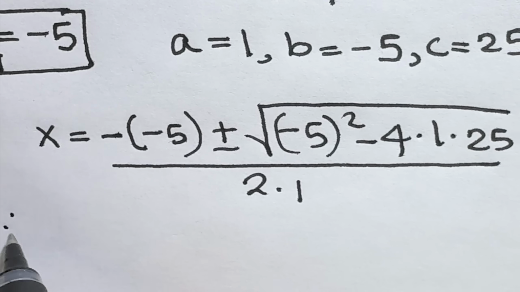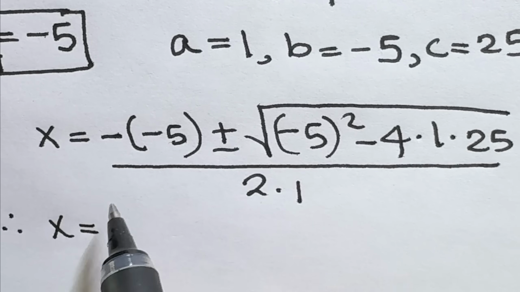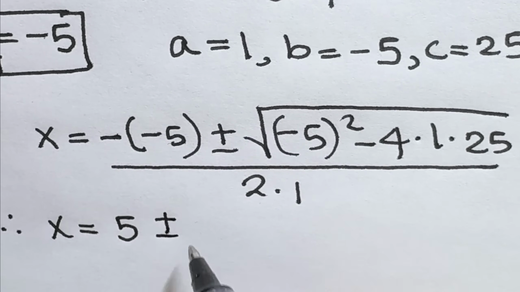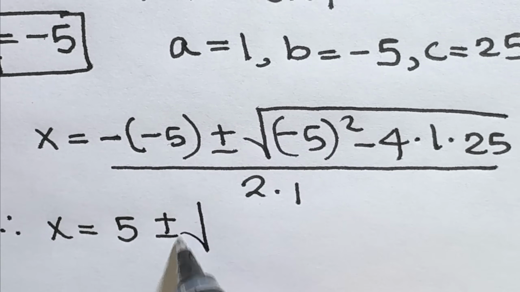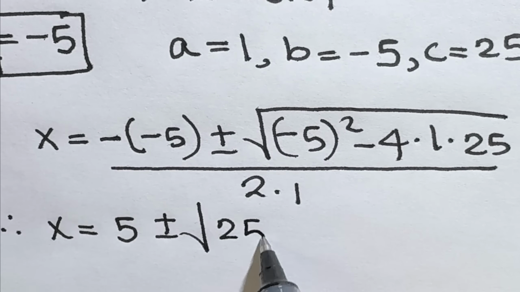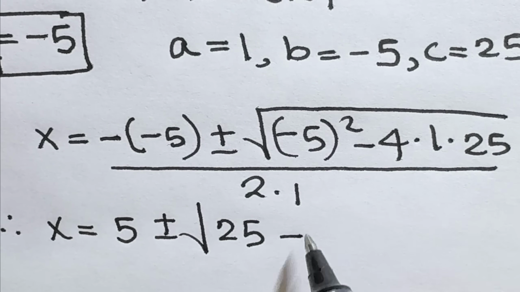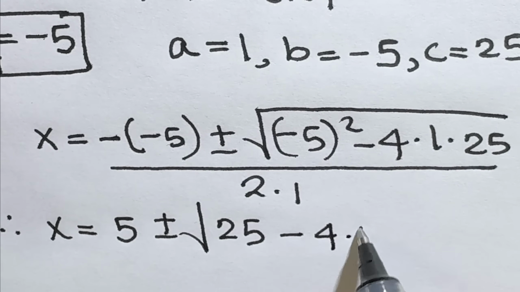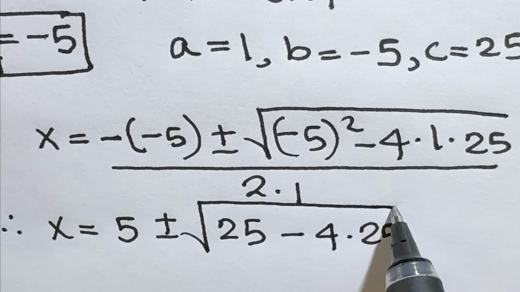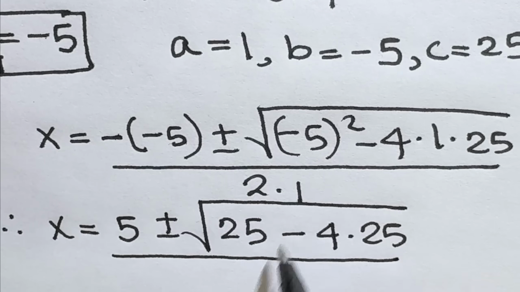Therefore, x becomes minus times minus here is plus, so we have 5 plus or minus the square root of minus 5 squared, which gives us 25, then minus 4 times 1 times 25, so we have 4 times 25, then divided by 2 times 1, which is 2.